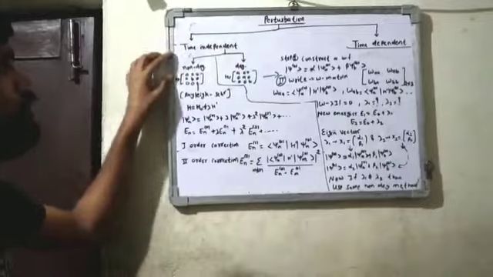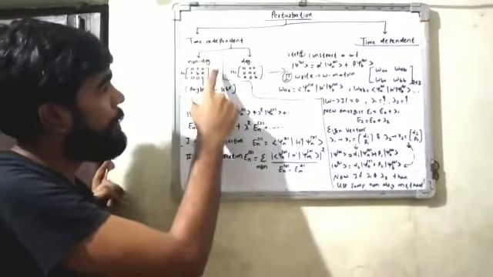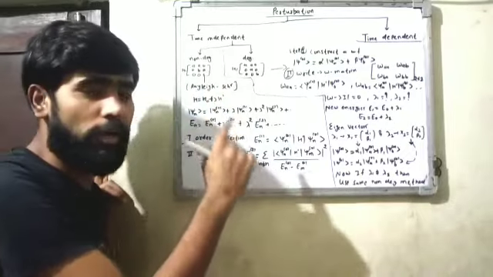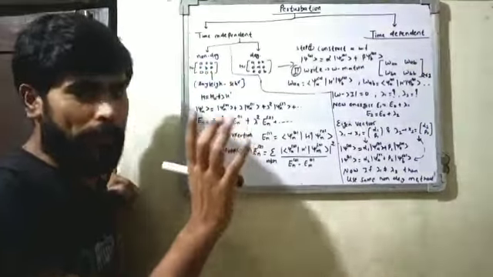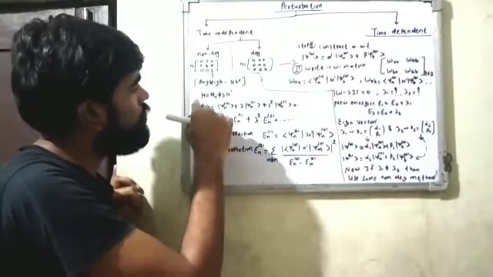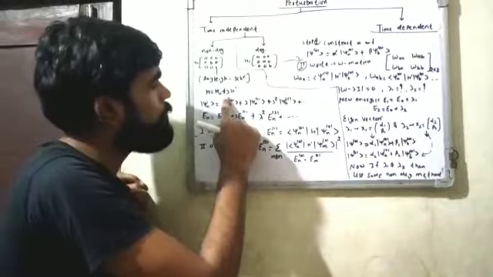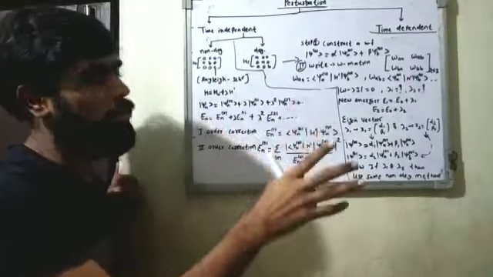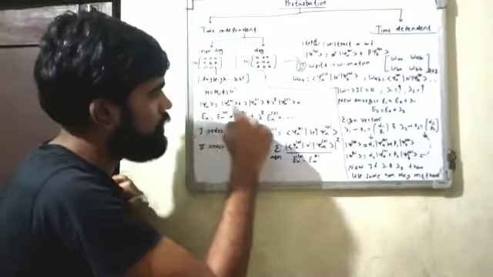Now we will talk about the non-degenerate perturbation theory. Non-degenerate perturbation theory is also called Rayleigh-Schrödinger theory. Okay. Now in non-degenerate perturbation theory, we write the Hamiltonian as the unperturbed Hamiltonian plus a perturbation constant times the perturbed Hamiltonian. Now for solving this, we write the wave function in this form.